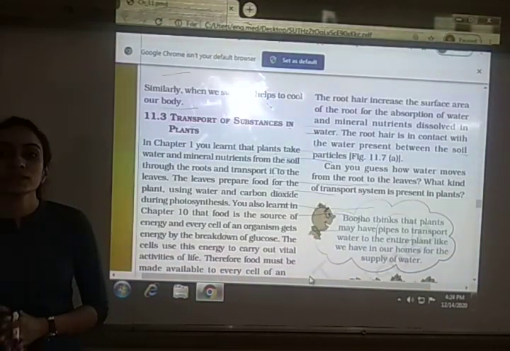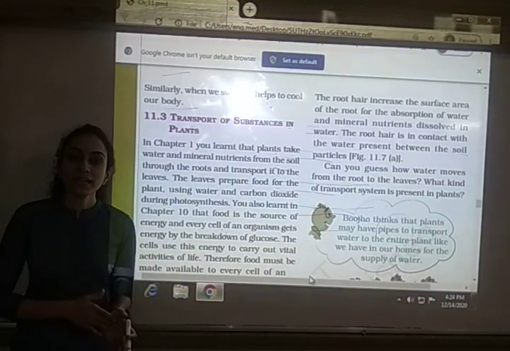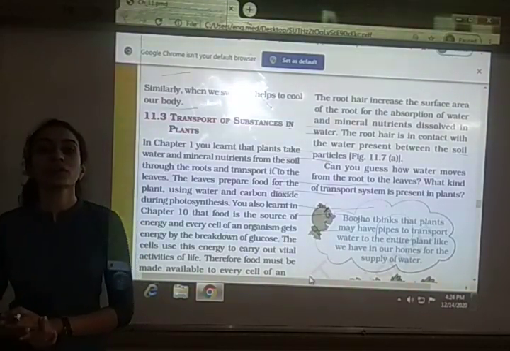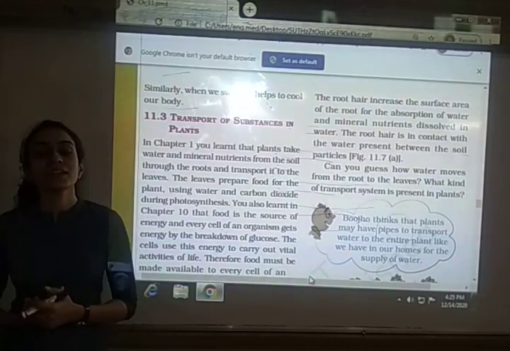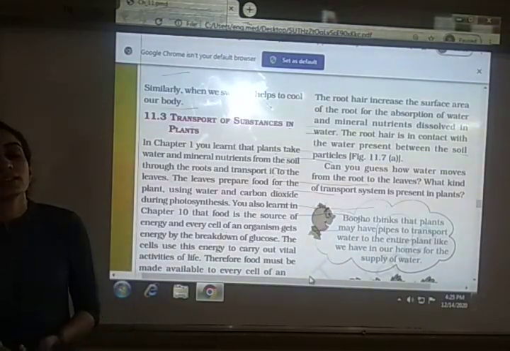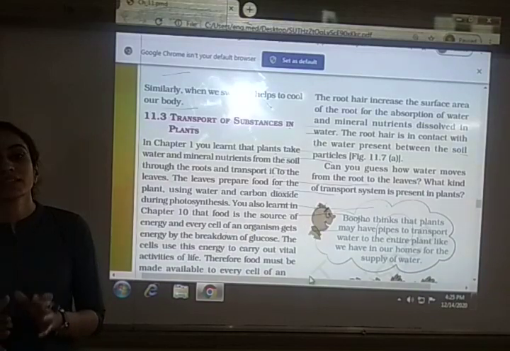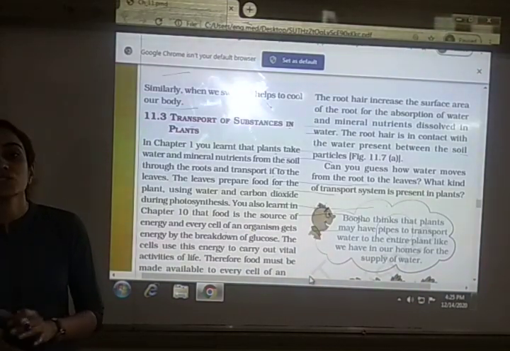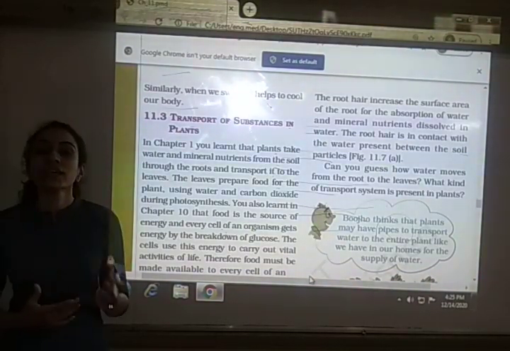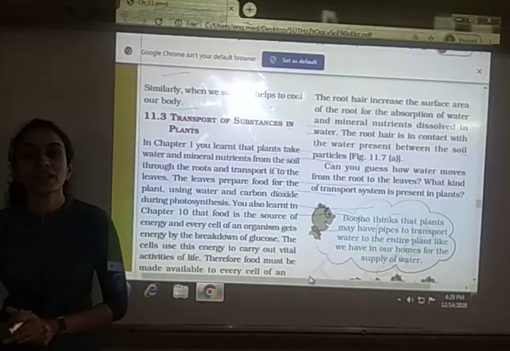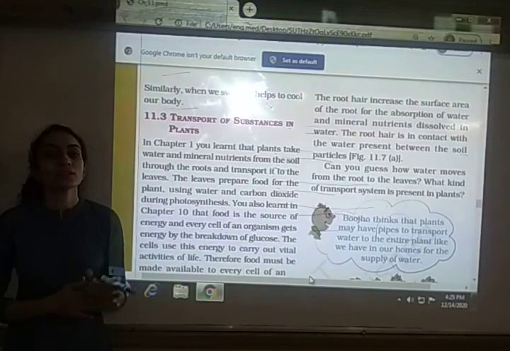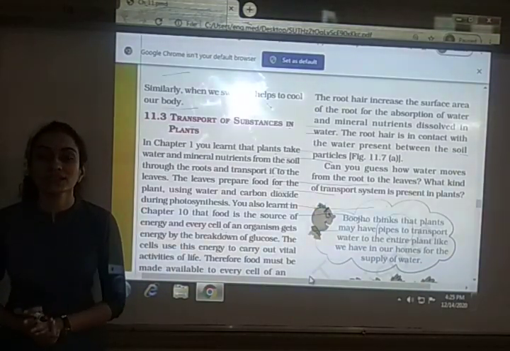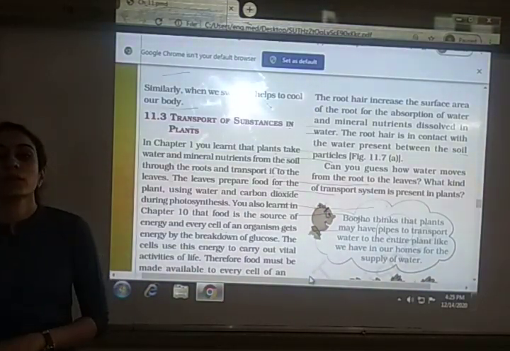The useful substance is absorbed by the blood again, and the harmful substance is removed from our body in the form of urine, in which the waste is dissolved in water. Then we had seen that from the kidneys this urine reaches the urinary bladder through the ureters, and from the urinary bladder a muscular tube is there, which is known as the urethra. So from the opening of the urethra, this waste is removed from our body.